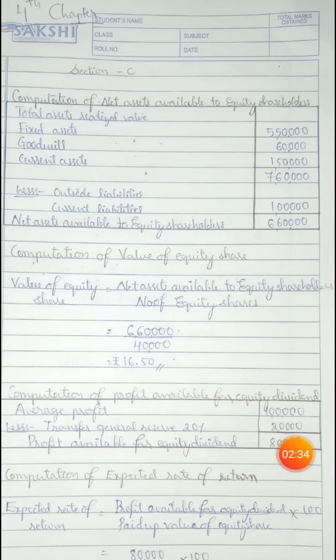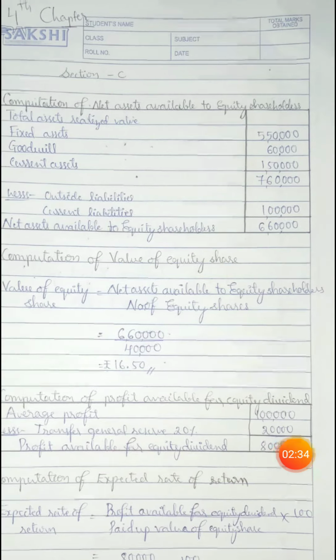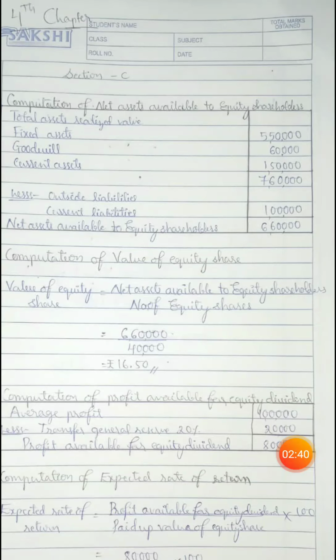Total comes to 7,60,000. Then after, we'll deduct our liabilities. Our current liabilities are 1 lakh. Then 7,60,000 minus 1 lakh, it comes to 6,60,000.